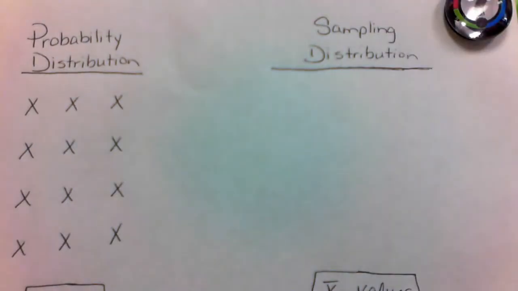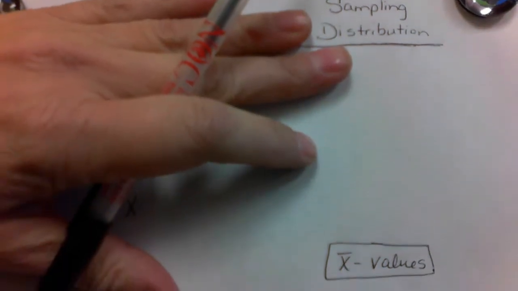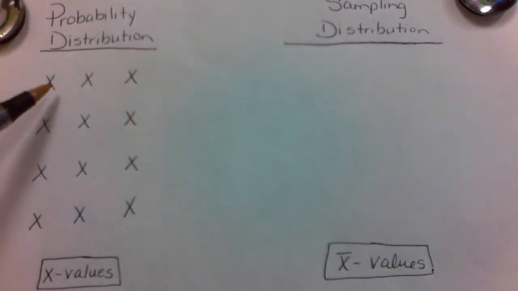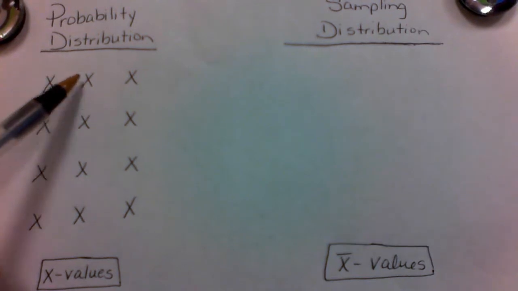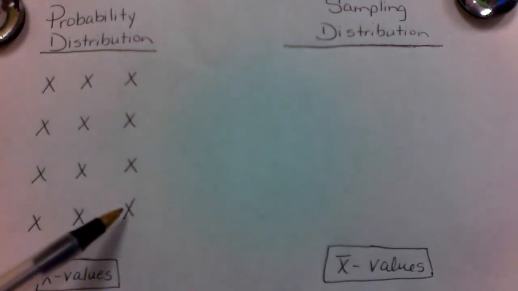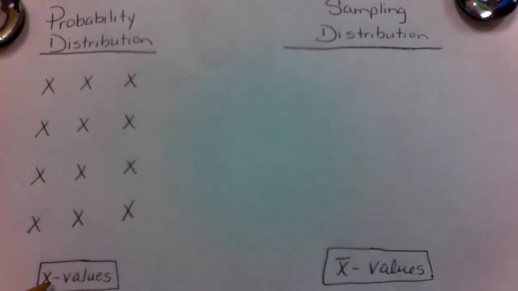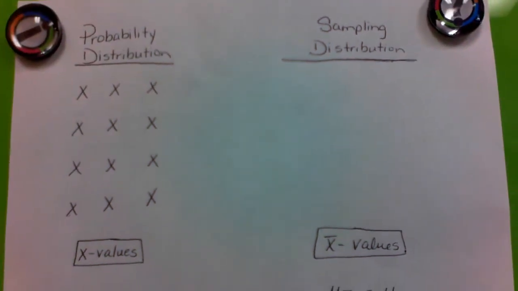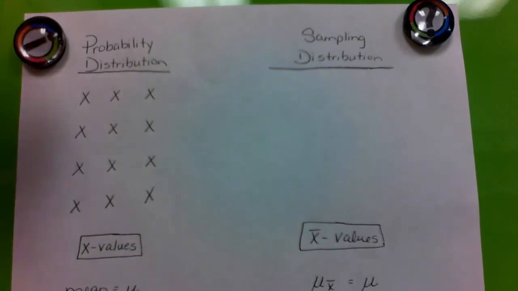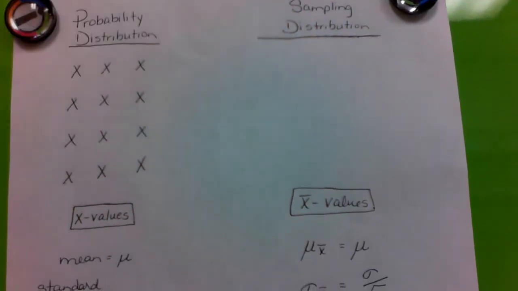We have been talking about probability distributions. So let's say that we have a population of 1, 2, 3, 4, 5, 6, 7, 8, 9, 10, 11, 12 x values. These are x values, individual values that go to an individual person or an individual item.